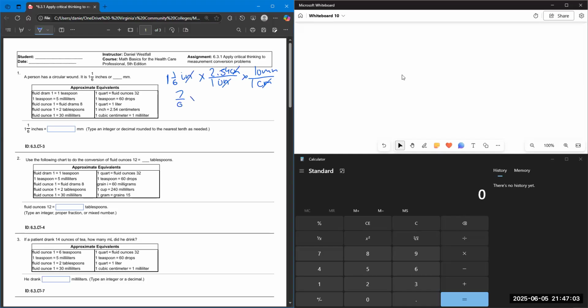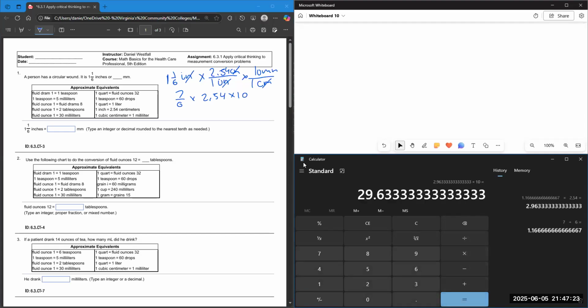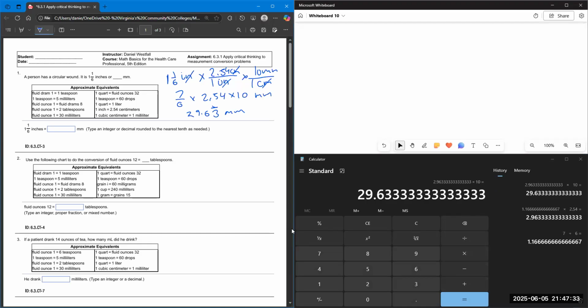That's 7/6 times 2.54 times 10, which gives me 29.63 repeating millimeters, and we're told to round to the nearest tenth, so we'll round that to 29.6.